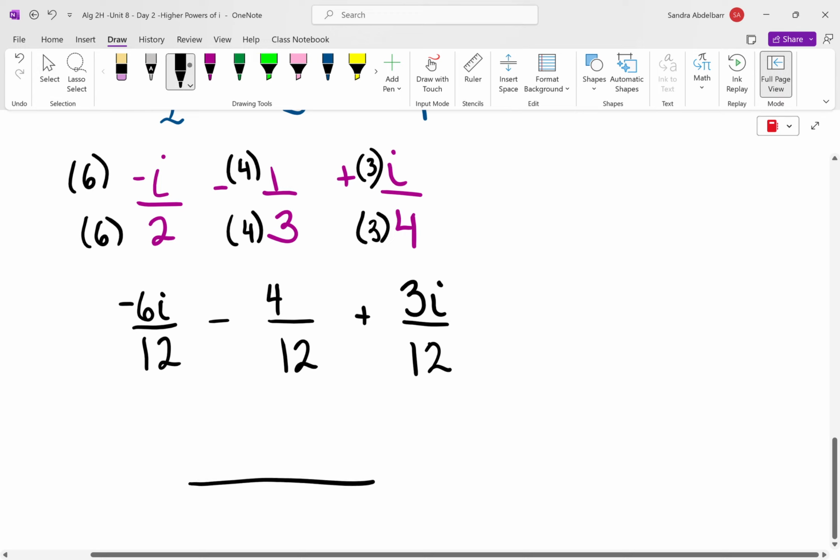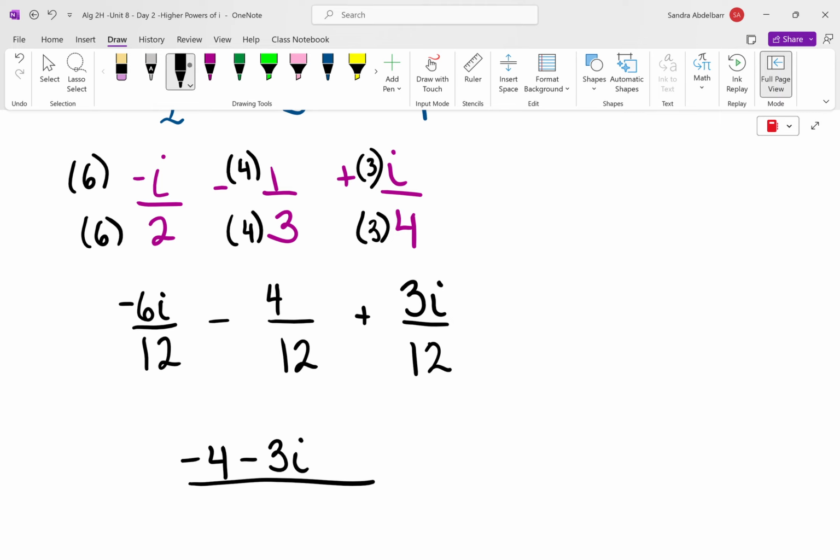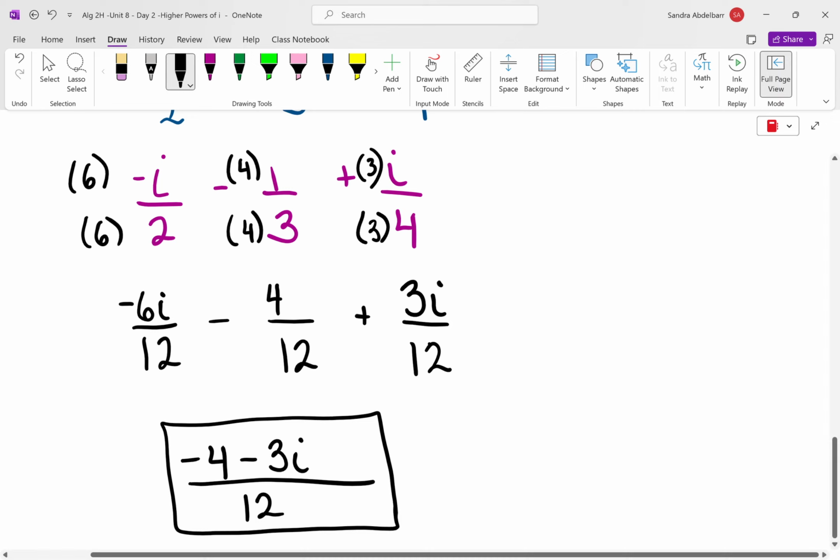And now we can simplify that numerator, and I will get -4 minus 3i all over 12. There's nothing to pull out to simplify, so we leave our answer just like this.